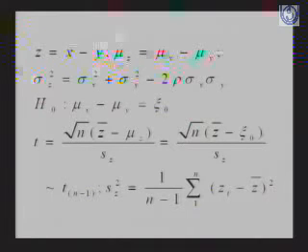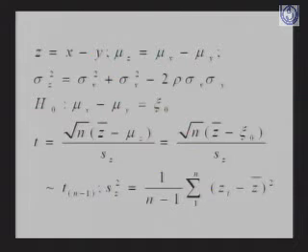In this situation, we can define a variable z as the difference of x and y, x minus y, and the mean of this variable z will be the mean of x minus the mean of y, that is mu x minus mu y, and sigma z square, the variance of the variable z, will also have the correlation coefficient term: sigma x square plus sigma y square minus 2 rho sigma x sigma y.